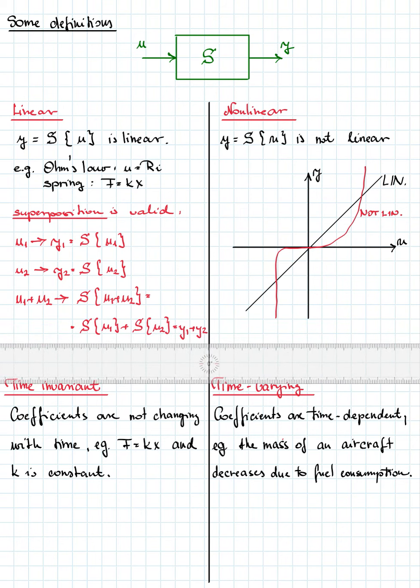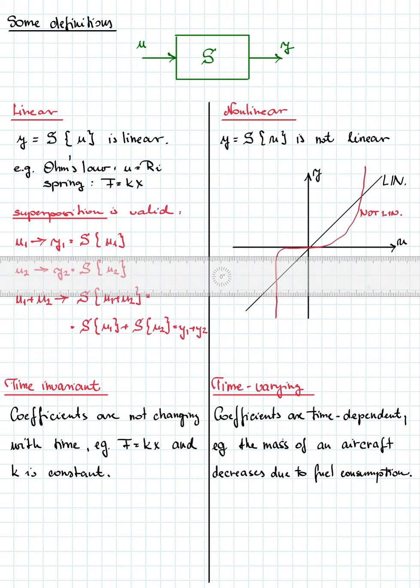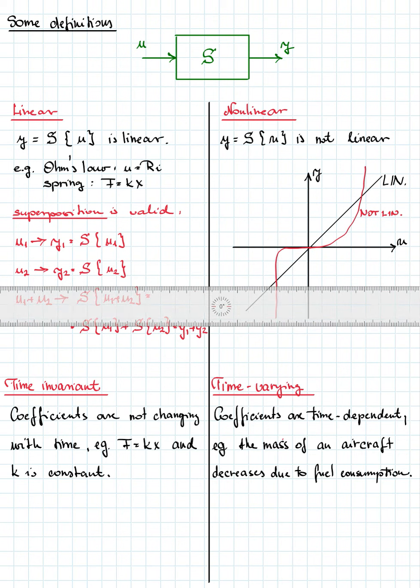What is the superposition which I mentioned here? For linear systems and linear characteristics, the superposition is valid. For nonlinear systems, the superposition is not valid. What is the superposition? First, let us imagine two individual inputs, u1 and u2.